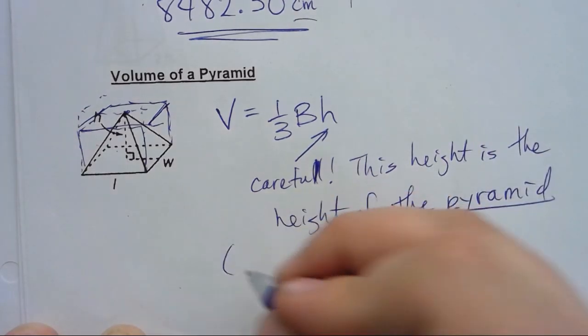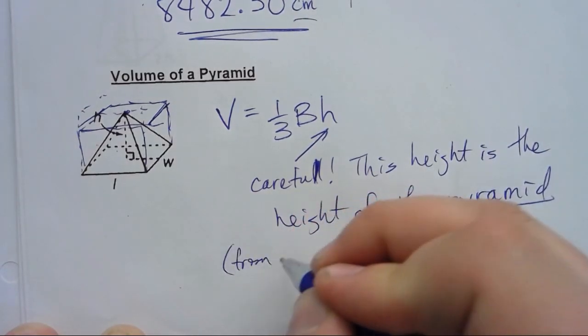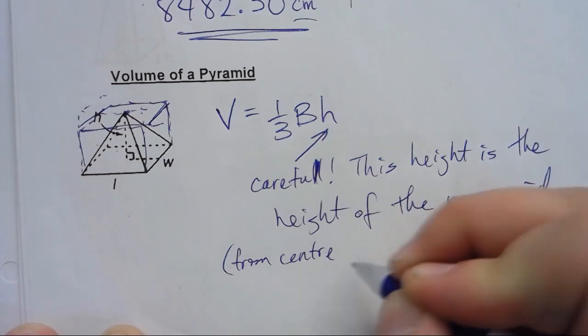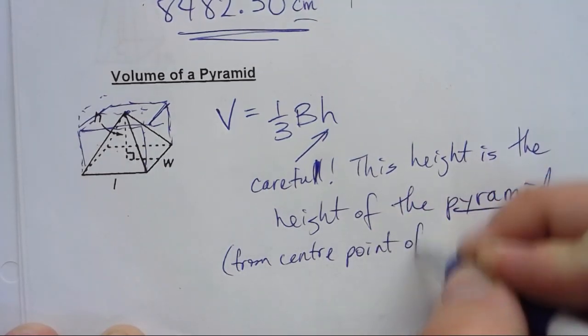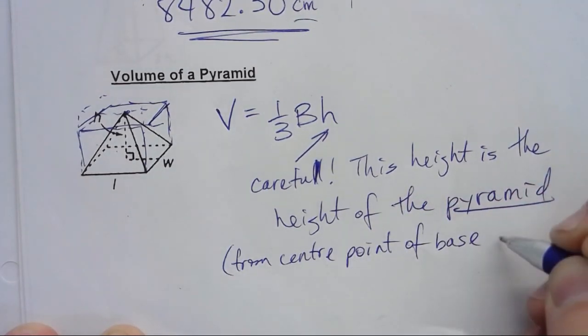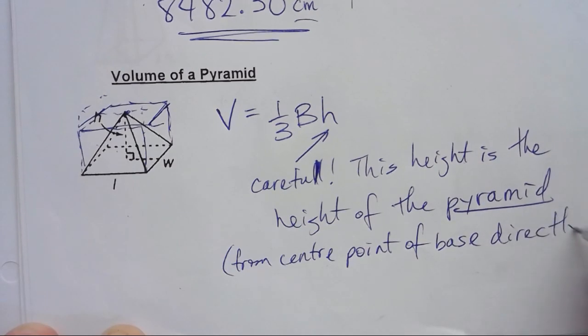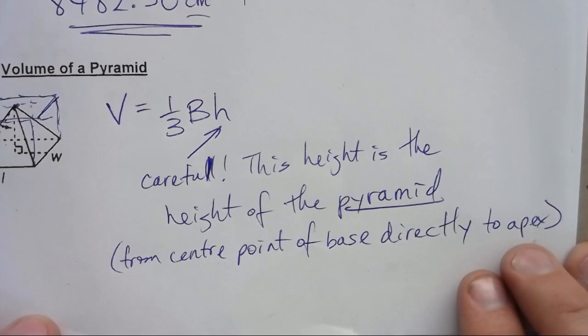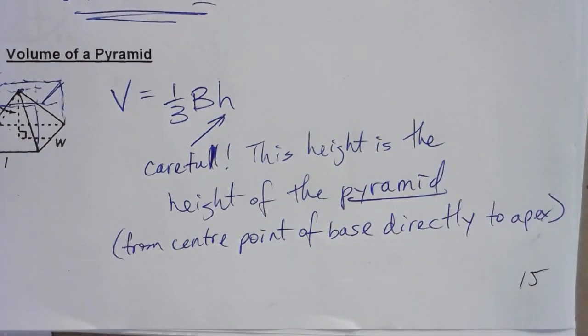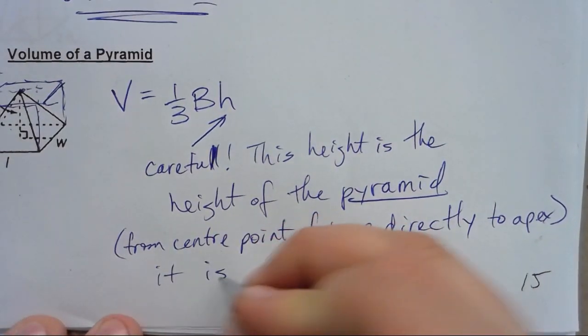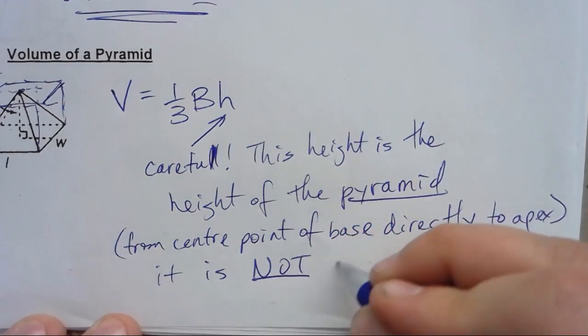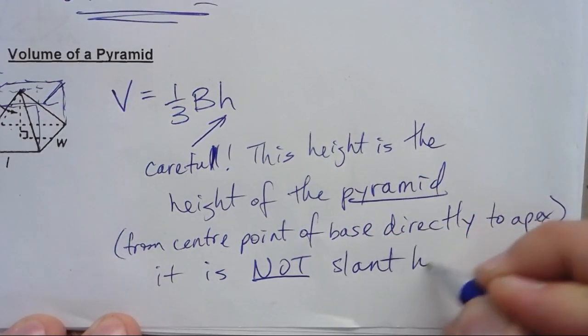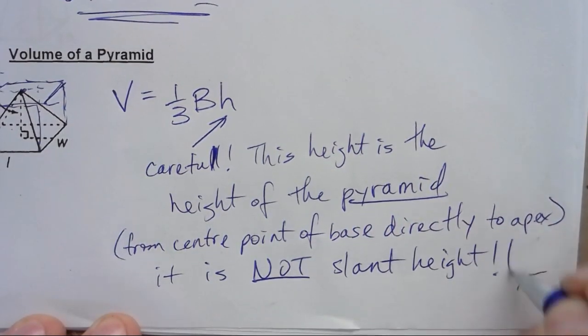And what do I mean by the height of the pyramid? From the center point of the base directly to the apex. It is not slant height! Exclamation mark, exclamation mark.